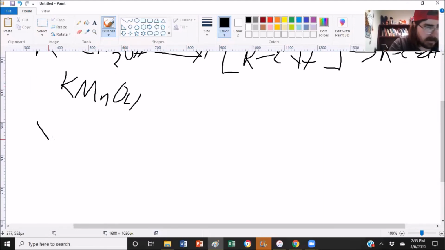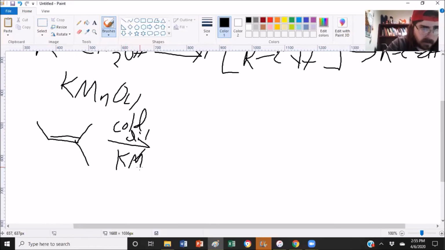Remember, if I have an alkene like this and I hit it with cold, dilute, so we weakened our permanganate, we weakened our oxidant, we essentially form a dihydroxy.